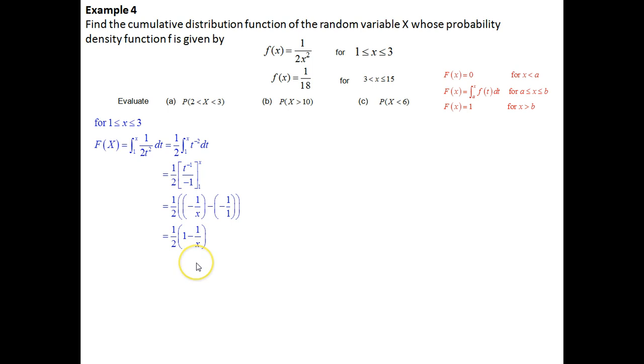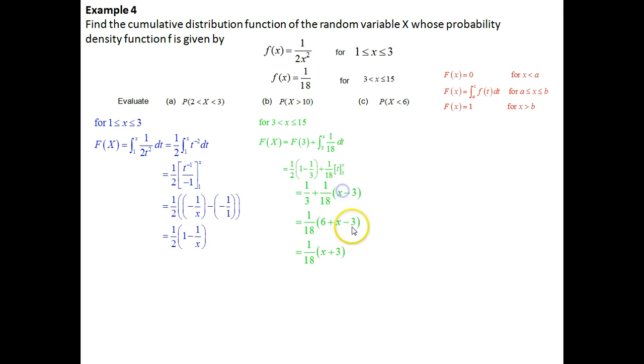Between 3 and 15, being as it's a cumulative distribution function, I need up to the point 3 and the integral then to a point x, which is between 3 and 15. So up to the point 3, I'm putting 3 into this function, and I need to integrate the second function. So the second function is a constant, so it's just t. I'm putting x and 3 into the second function. My first function becomes a third at the point 3, so it's a third plus the area above to a point x.